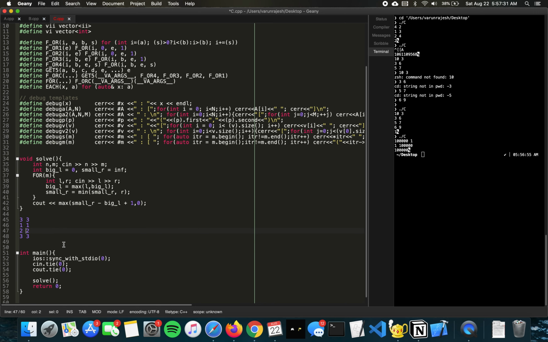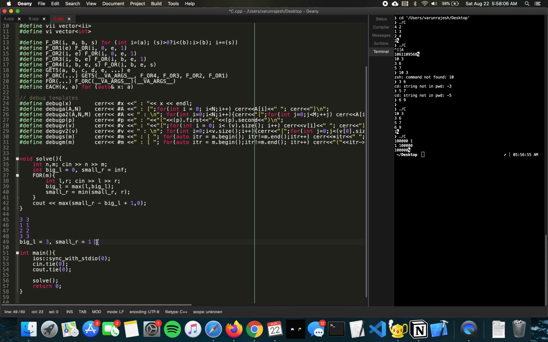And then if we find our big L and our small r, our big L is going to be 3 and our small r is going to be 1, right? Because the smallest r is 1, the biggest L is 3. And then if we do small r minus big L plus 1, that's going to be minus 1. And we can't have minus 1 cards being able to go through all of them. So therefore, it has to be the max of 0 with some number. Yeah, because the lowest number of cards that can go through all of them is none, which is 0.